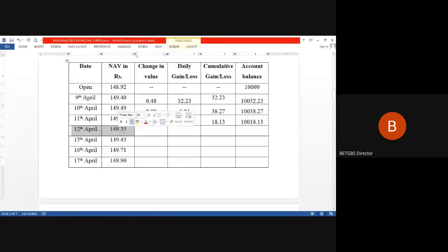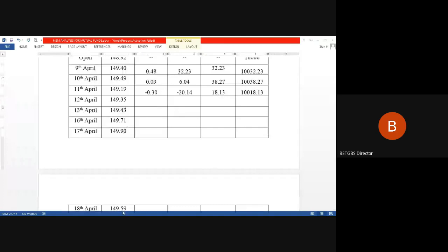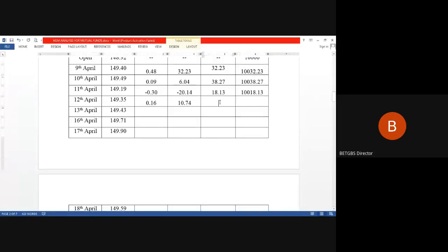Now the 12th we have to do. It is 149.35 minus 149.19, so there is a gain of 16 paise, or a change in the value. This is multiplied by 67.15, which gives us a gain of 10 rupees 74 paise.